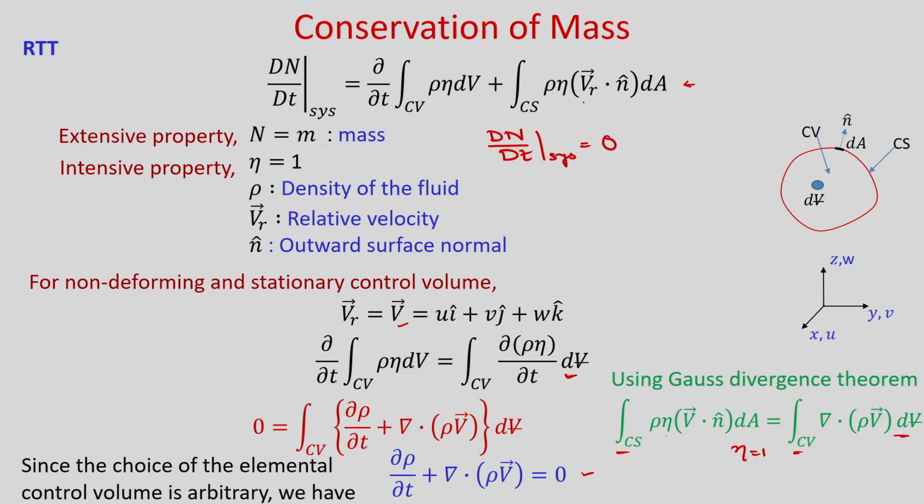So, this is the continuity equation in general. So, we have del rho by del t plus del rho u by del x plus del rho v by del y plus del rho w by del z is equal to 0. So, in differential form we have written.